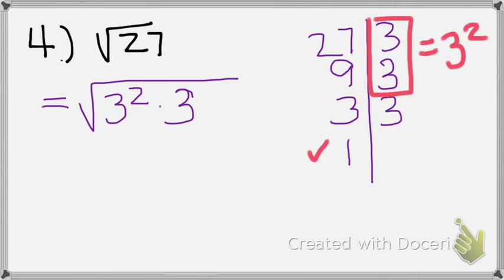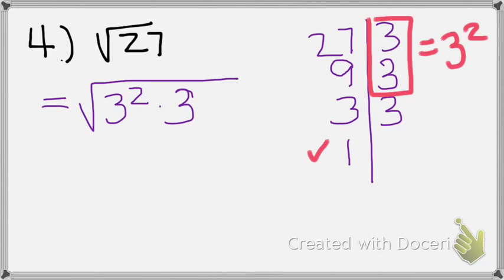Hold on. First, take a moment and put this on your paper. So all I did was rename 27. So someone can say, hey, the answer is 27. Somebody else can say 3 squared times 3. You are both correct.